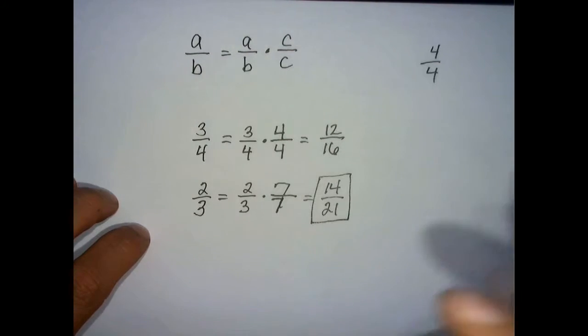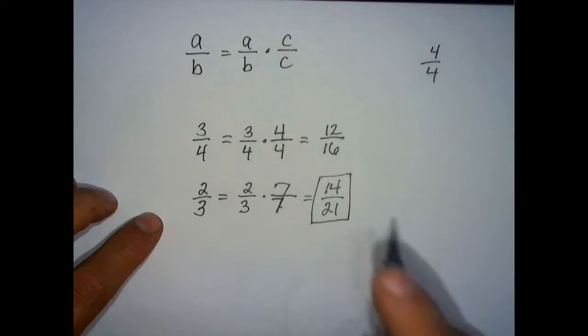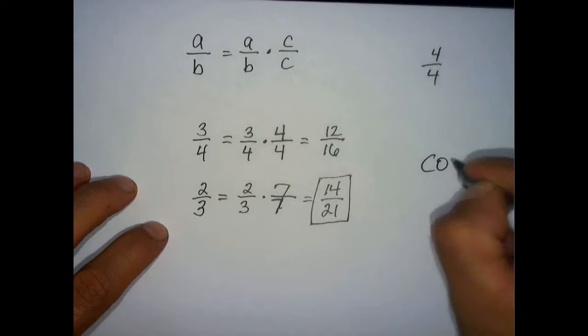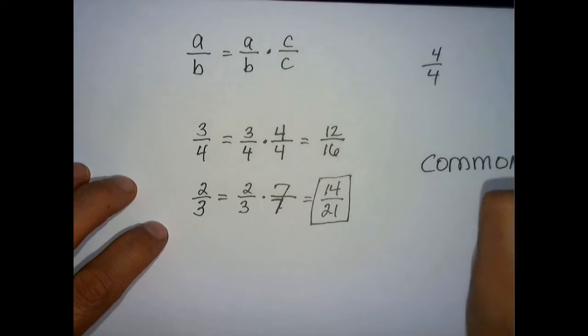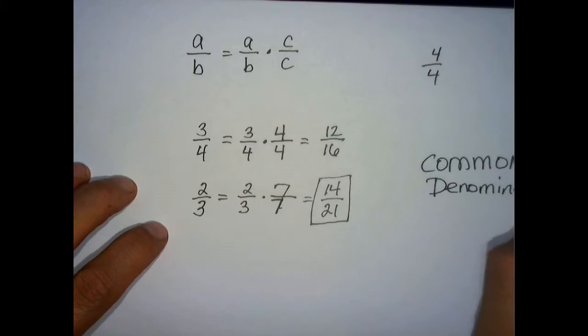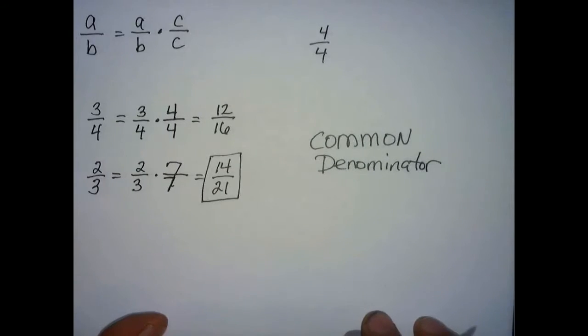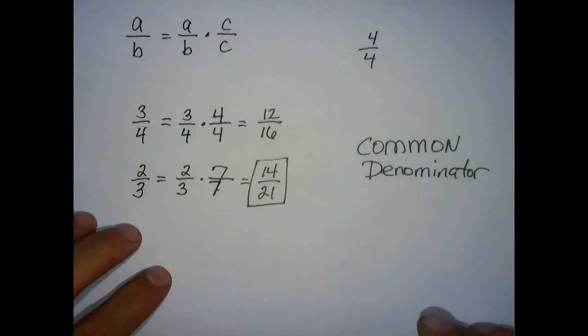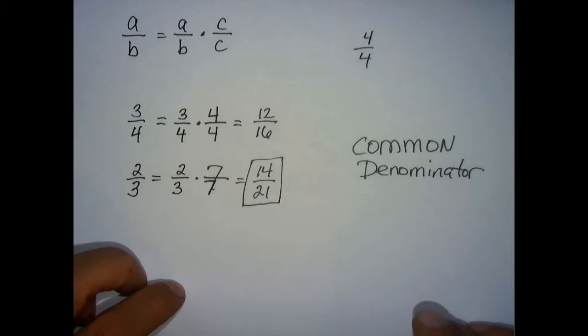When we have fractions with different denominators, we have to find what's called a common denominator, and then add them. That is the thing that most people just give up on math when they have to find common denominators.